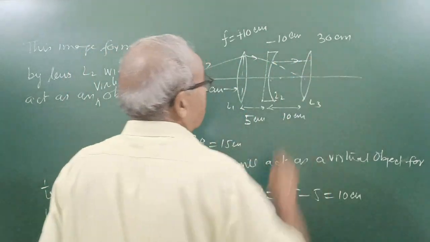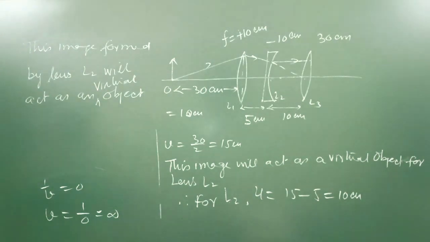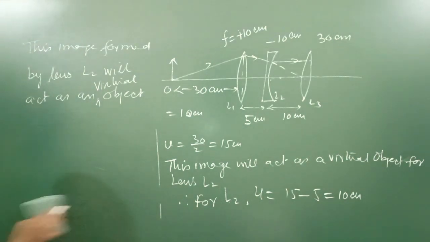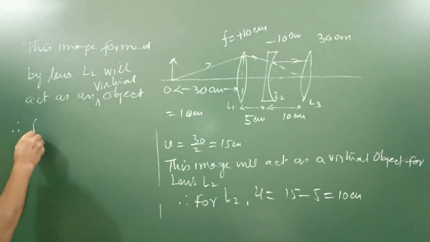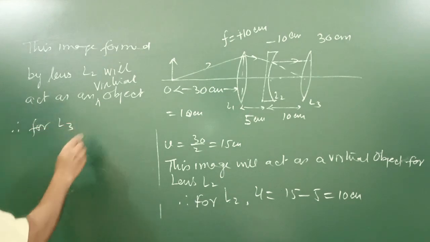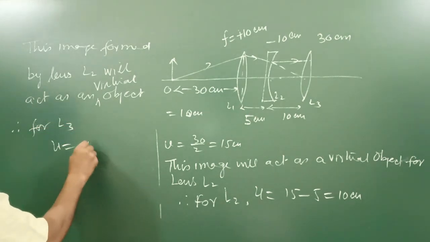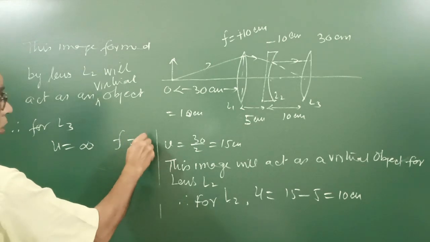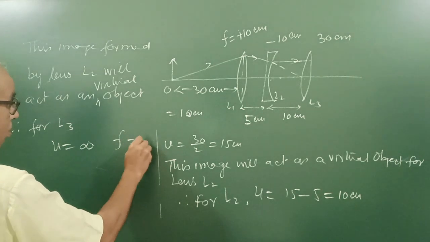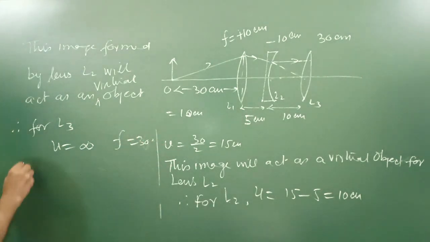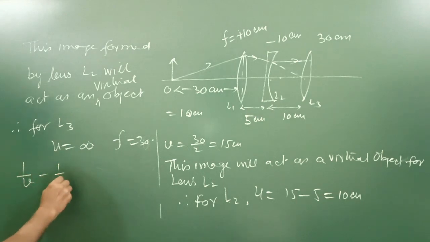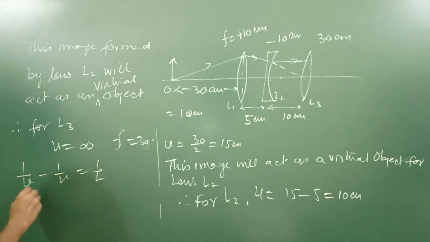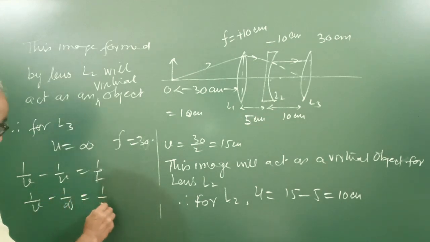Diagram like this. And for the convex lens, the object is at infinity. So for L3, u is equal to infinity, f is equal to 30 centimeter. So again 1 upon v minus 1 upon u equal to 1 by f. 1 upon v equal to 1 upon infinity plus 1 by 30.